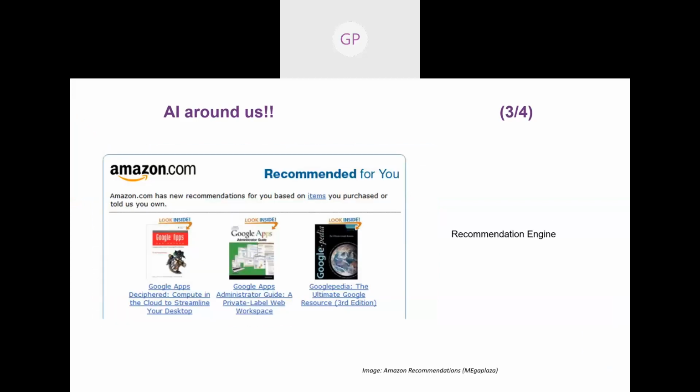Then we have the classic one, which almost everybody is aware of: recommendation engines. These use cases use natural language processing and machine learning together to predict and recommend items based on the previous history or purchases which have been made.